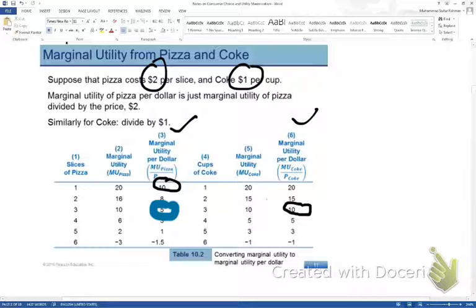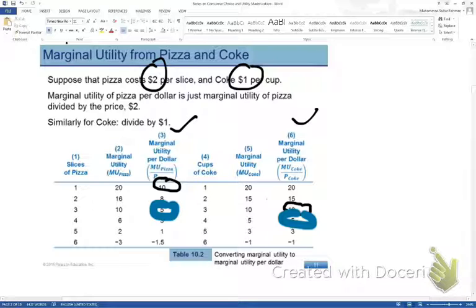When you are buying the fourth unit of Coke, your marginal utility per dollar is also 5. So that's another example where you can basically maximize your utility.